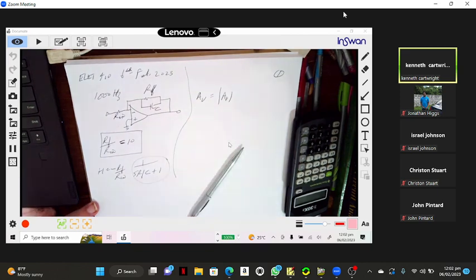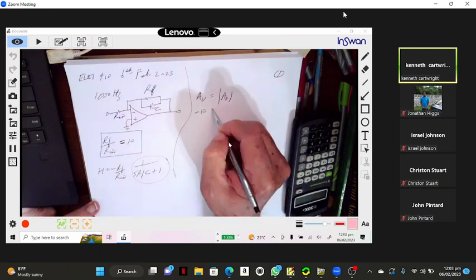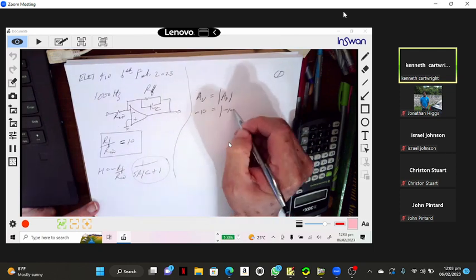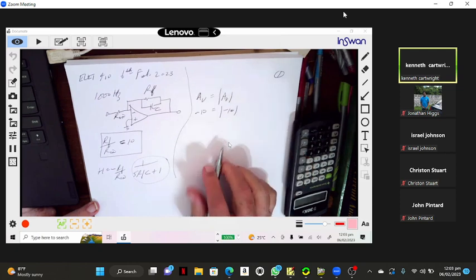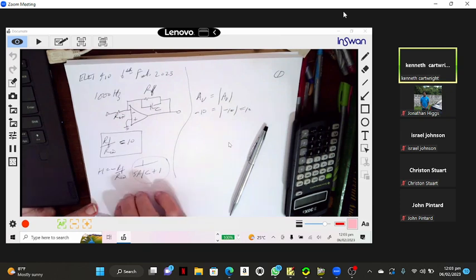I corrected it both times, and he still wrote that same nonsense. The gain is negative 10. How could negative 10 be the magnitude of negative 10? The magnitude of negative 10 is 10. How can negative 10 be equal to 10? So clearly that's nonsense.